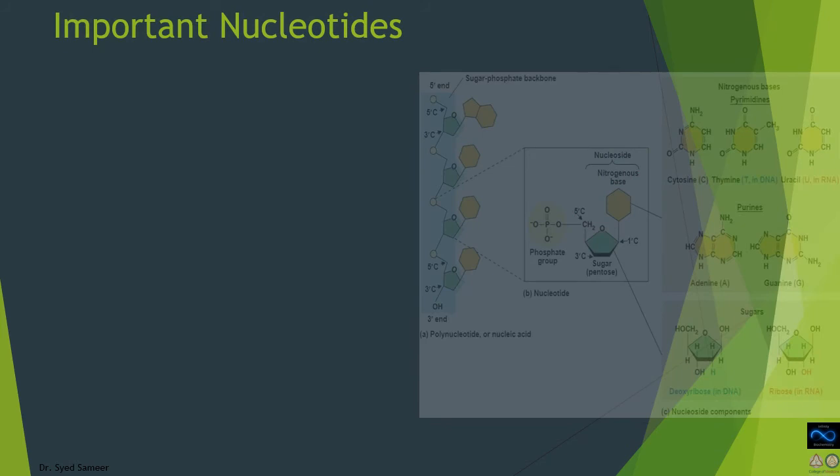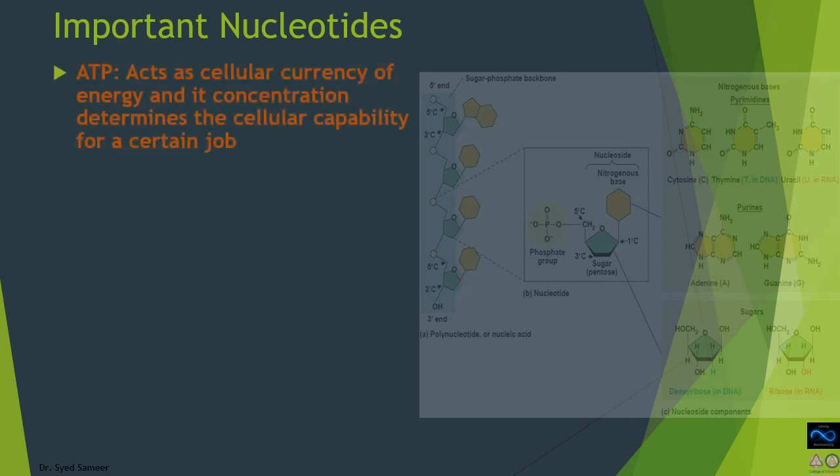Some of the mononucleotides exist as monomers in the cell and do varied functions, which are sometimes necessary for existence. The prime example is ATP, which acts as the energy currency of the cell, and it determines the capability of the cell for doing a certain function; for its existence it is necessary.